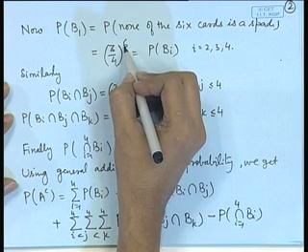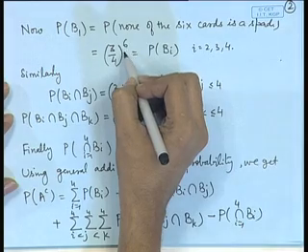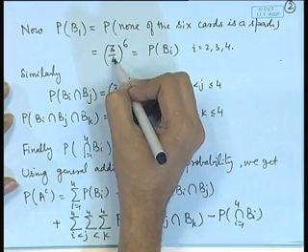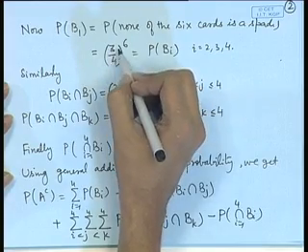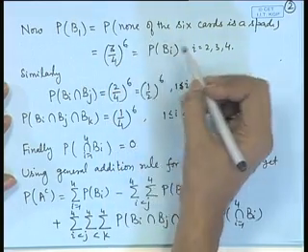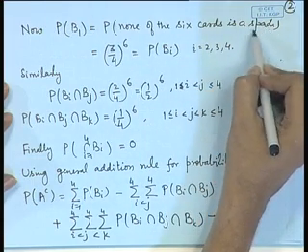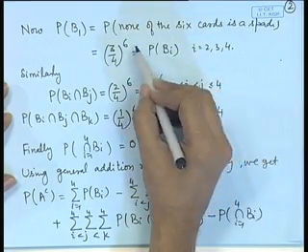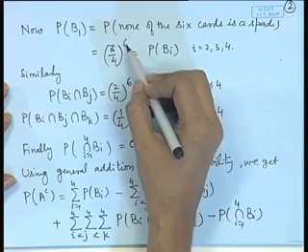Since the drawing of the cards are independent and identical because it is with replacement, every time there are 52 cards, so the probabilities will be simply multiplied. It will be 3 by 4 into 3 by 4, 6 times, that means 3 by 4 to the power 6. Now, if we replace the word spade by club or heart or diamond, the argument remains the same. Therefore, probability of Bi for i equal to 1, 2, 3, 4 is 3 by 4 to the power 6.